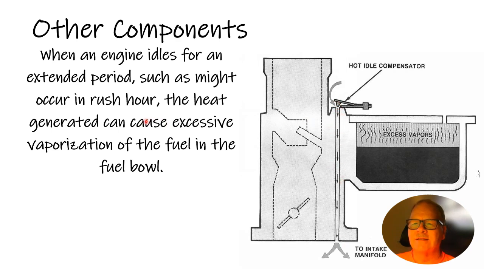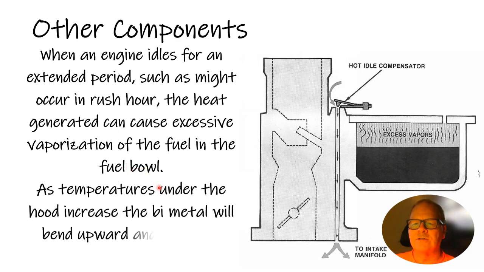It says the heat generated makes excessive vaporization of fuel in the bowl, so it's going to open that valve to equalize that on some of them that run really hot. I've actually seen this on old late 70s Lincolns though, so this is not just small vehicles with high temperature engine compartments.